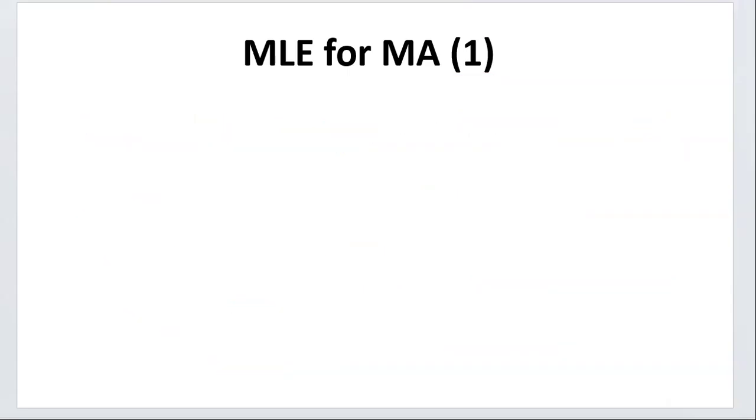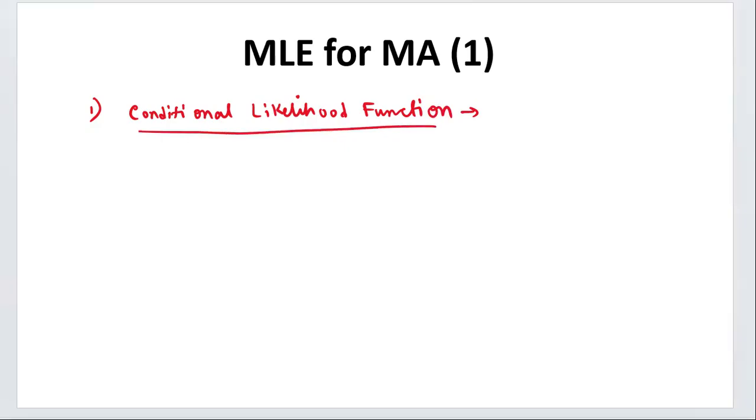The steps are exactly the same. Find the conditional likelihood function first and then maximize it. So let's see how to find the conditional likelihood function for this MA(1) process.